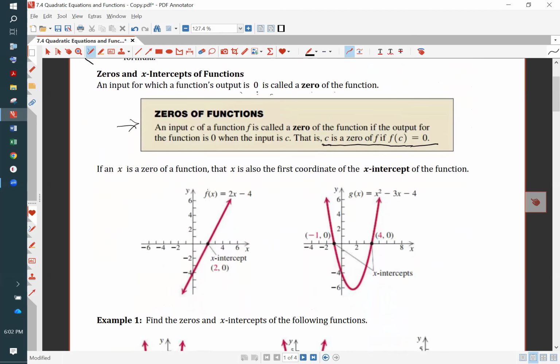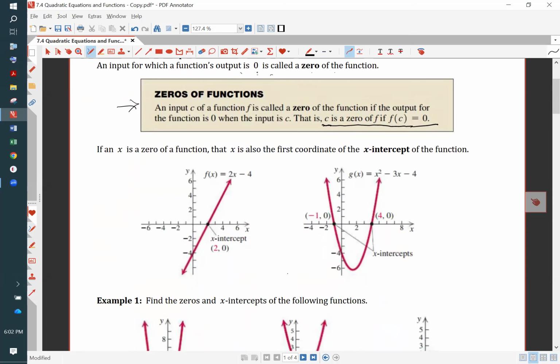If an x is a 0 of a function, that x is also the first coordinate of the x-intercept of the function, which I have some graphs here that show you. This first one, the x-intercept is at (2, 0), and they've got the 2 in red to show you that that is the 0 of the function. 2 is a 0.